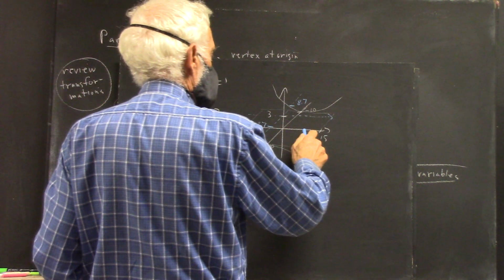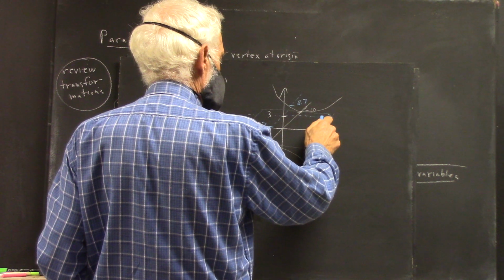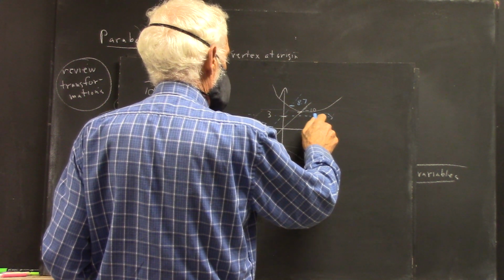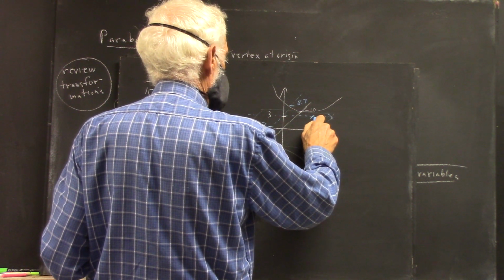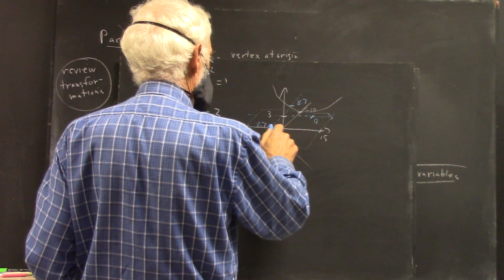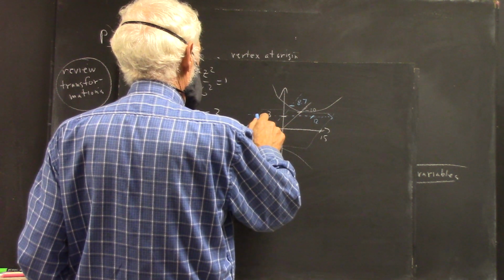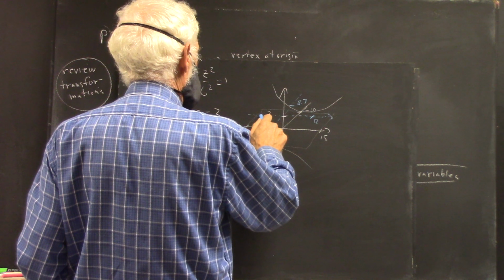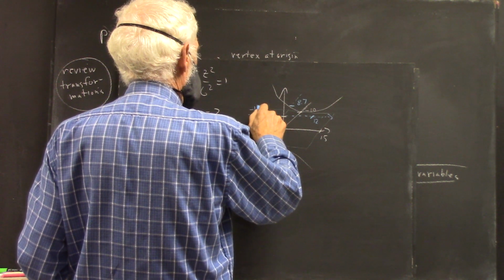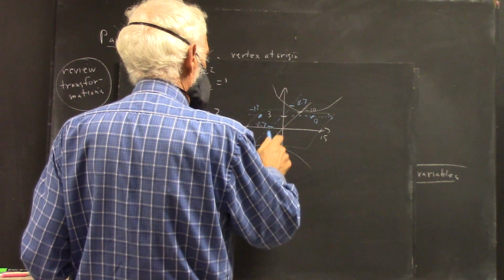And then over here we have 12 instead of 15. So 15 would be right here. So 12 would be maybe here. And 15 would be here. So -12 would be maybe here. So we get a smaller rectangle up here.